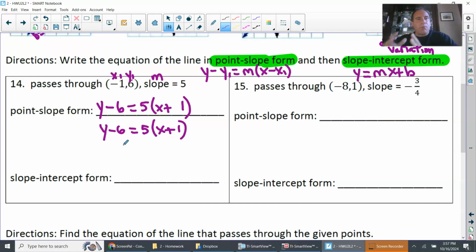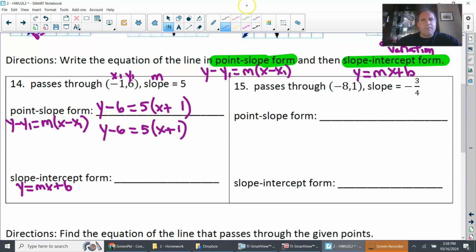You have to solve for y equals mx plus b. Slope-intercept form is y equals mx plus b. Point-slope form is y minus y1 equals m times x minus x1. That is given to you on the regions. So you just look at the page, and there's point-slope form. You have a point and the slope.